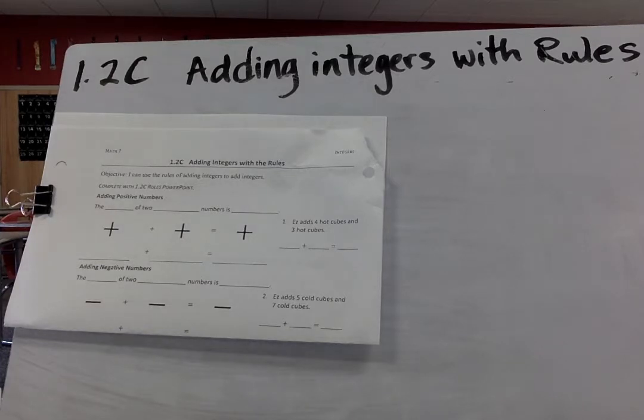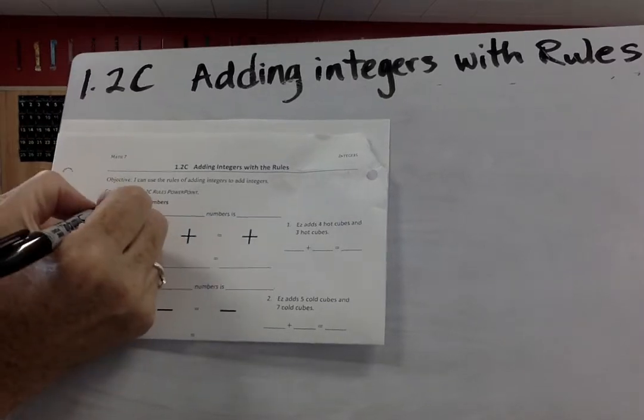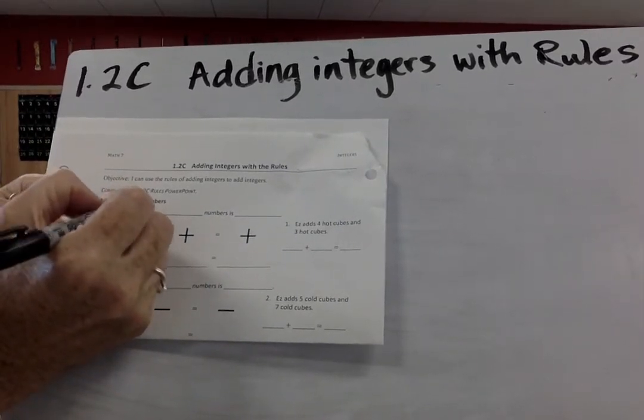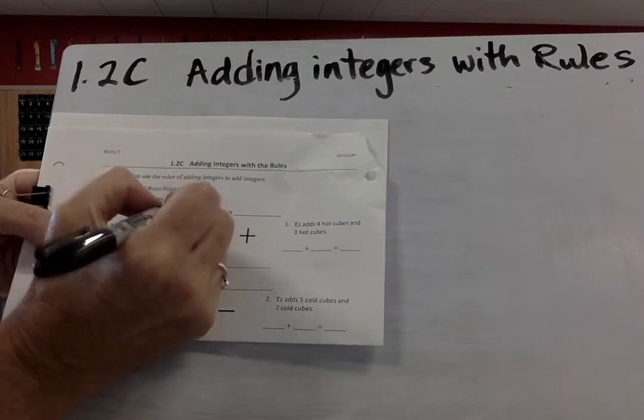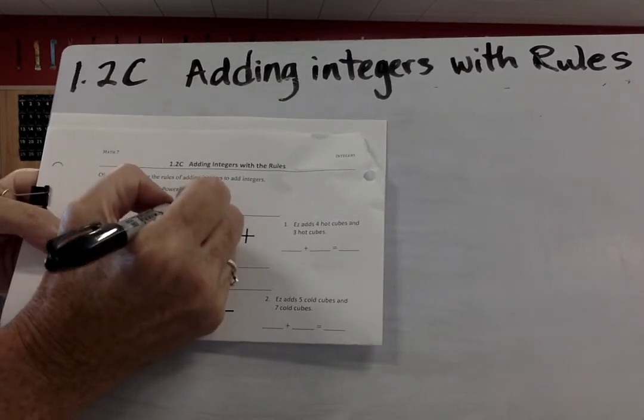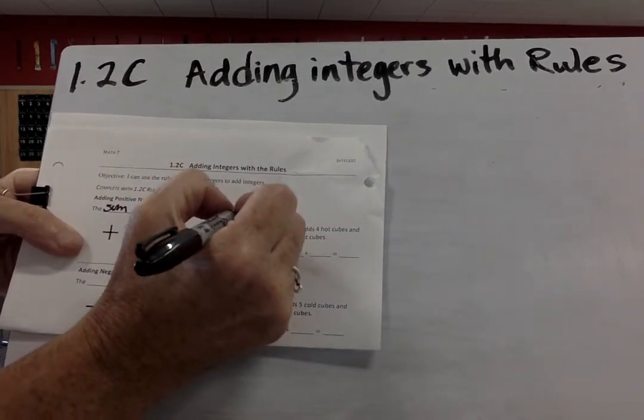So our first one is adding positive numbers. The sum, or when you're adding two numbers, of two positive numbers is positive.